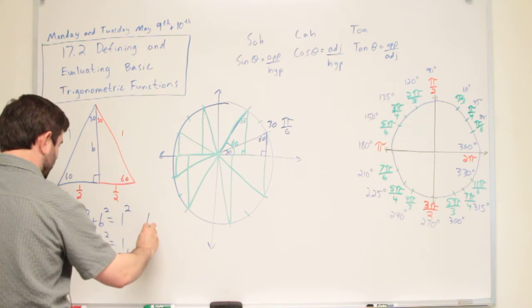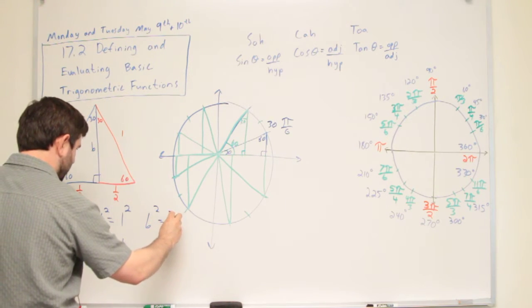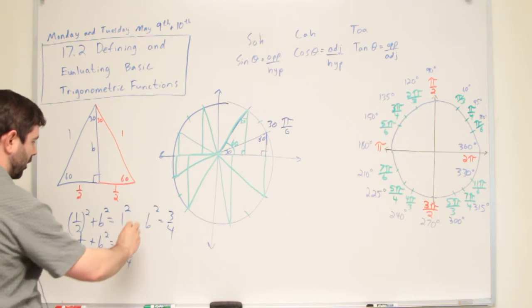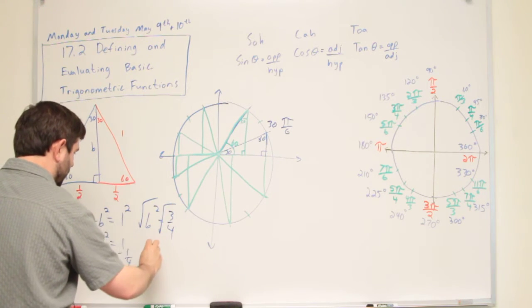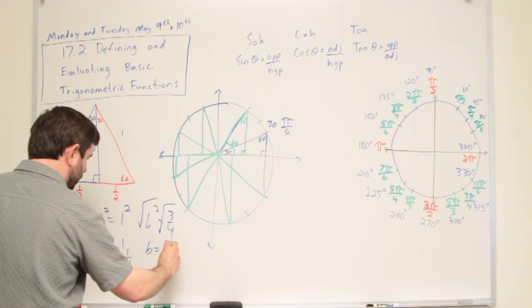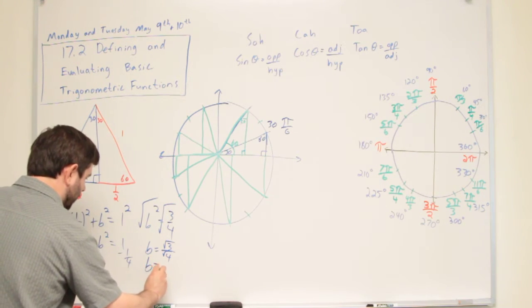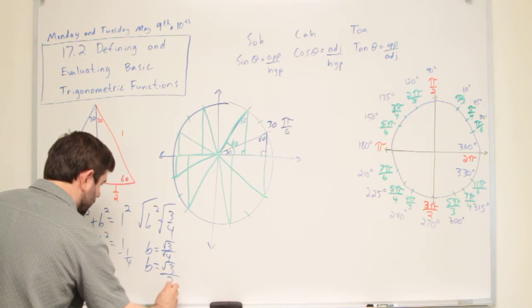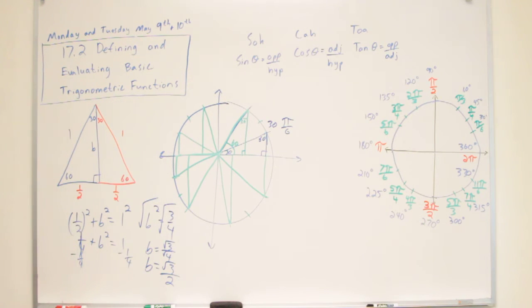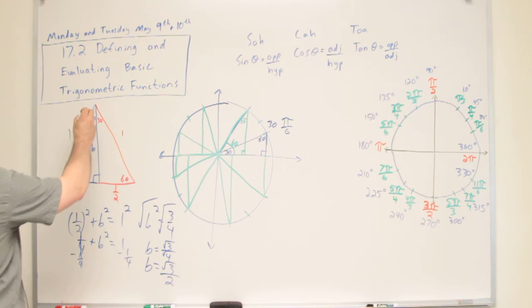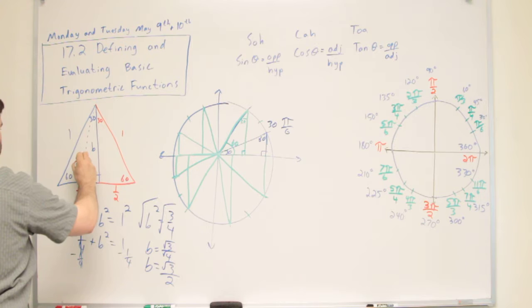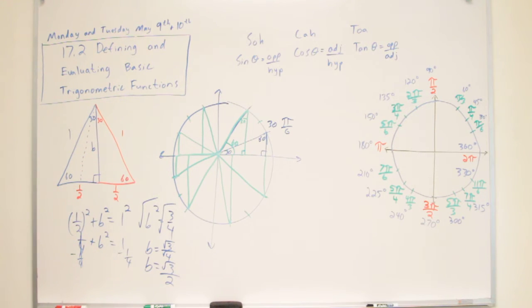We get b squared equals 3/4, square root, b equals root 3 over root 4. B equals root 3 over 2. Okay, so in a 30, 60, 90 triangle, the side opposite the 30 degrees is 1/2, and the other side is root 3 over 2.